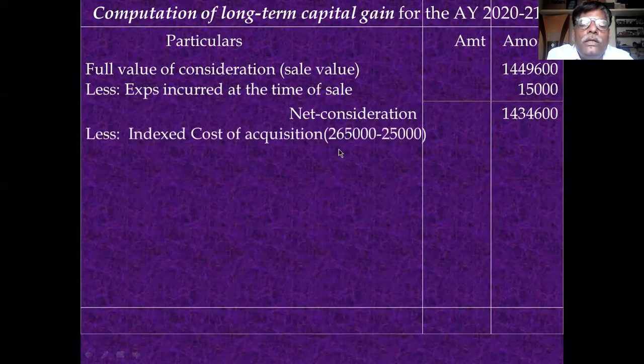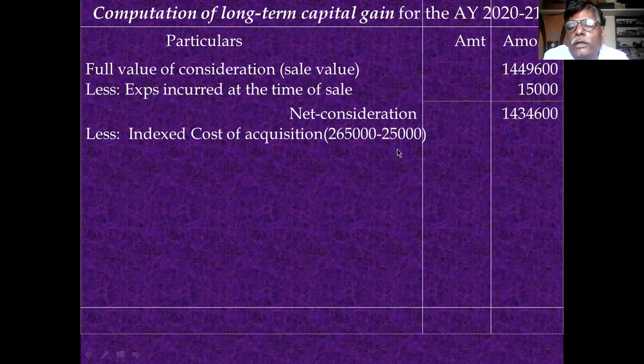In the net consideration, index cost of acquisition. You see this point very carefully. 2,65,000 is the cost, the fair market value. In this you deduct retention money if this retention money is before 1/4/2014. If it is after 1/4/2014, don't deduct here. Remember this point. Again and again I am repeating.